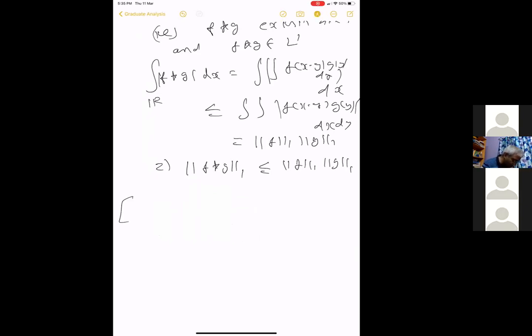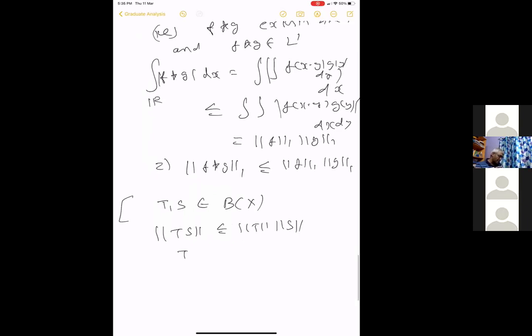Even if we have operators, if we have two operators T, S in B of some Banach space X, then we have the norm of TS is less than or equal to norm T times norm S. This means that if you take some operator T, then you define an operator phi T from B of X to B of X, where S goes to TS or S goes to ST, whatever. These multiplication maps are bounded maps. That's what this inequality says. They are contractions.